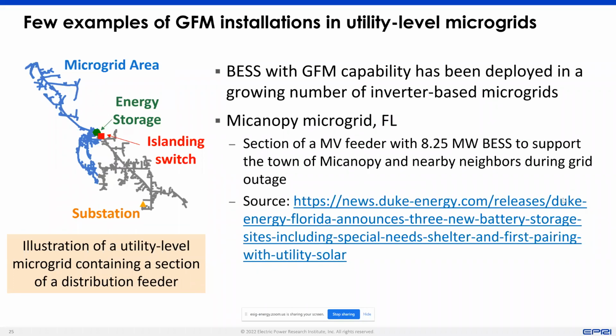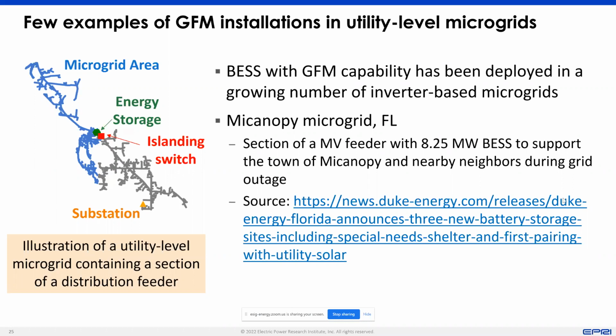And as the first example, we have this Mykonos microgrid in Florida, where they have a section of a medium voltage feeder with around 8 megawatt battery energy storage systems to support the town and nearby areas during grid outage. Now, this is basically the topology of this microgrid. And as we can see, the substation is down there.